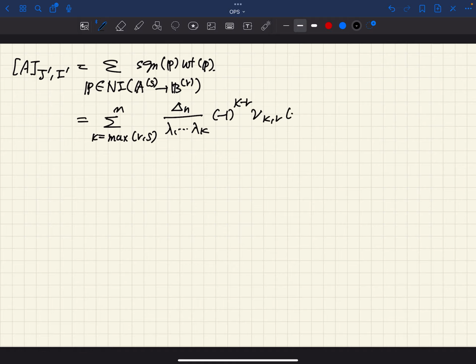So one part contributes to new KR, and the other part contributes to new KS.